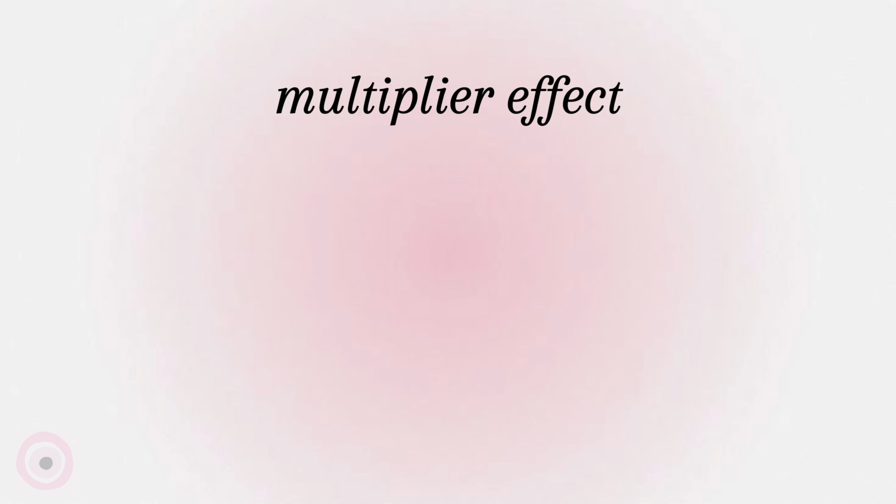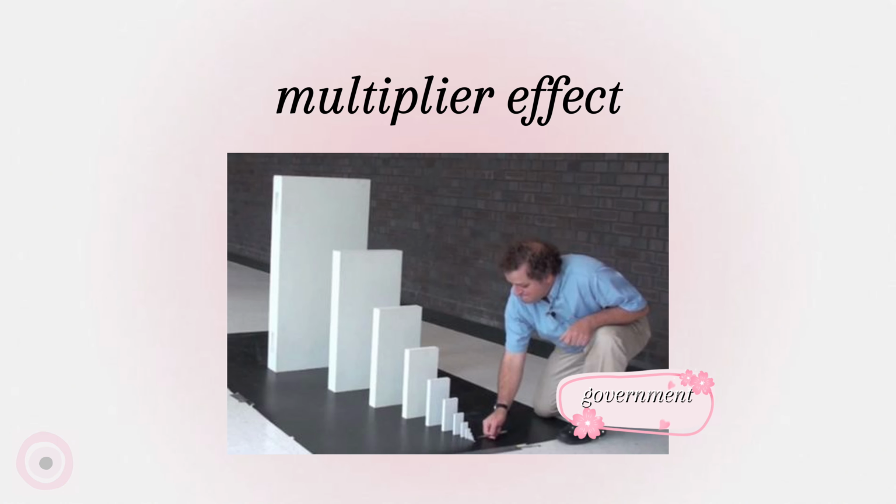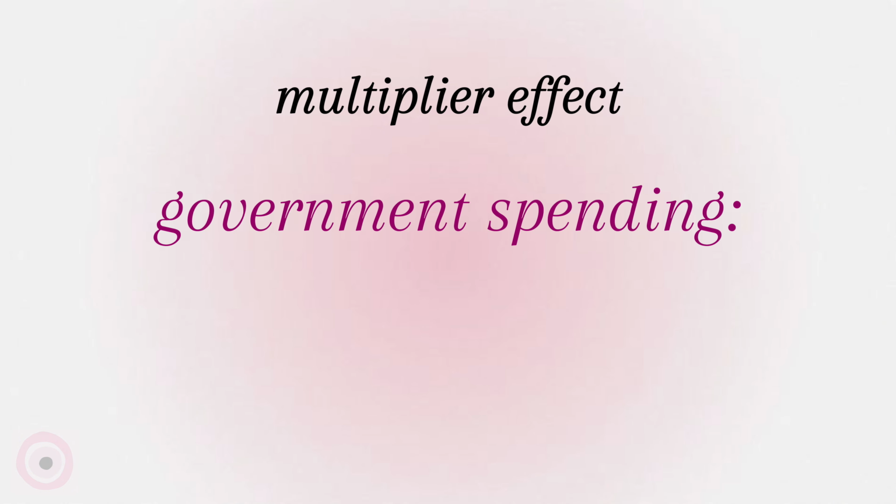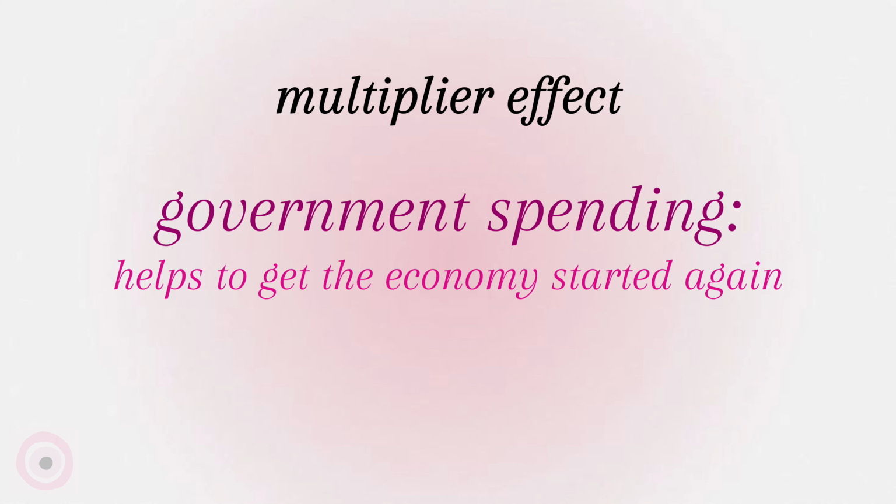This is where the multiplier effect comes in. The multiplier effect is an idea of a little action creating a chain of other actions in the economy, like a domino effect. So, by government spending, the government helps the economy to start rolling again.